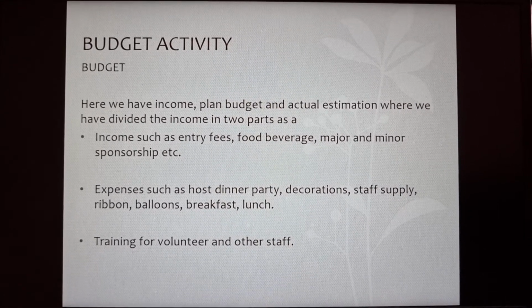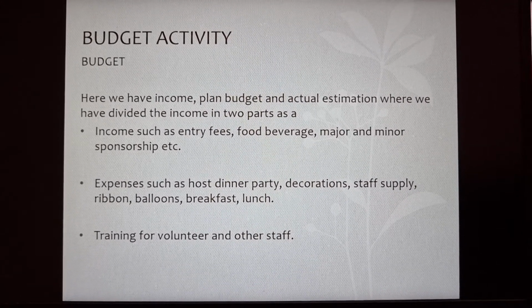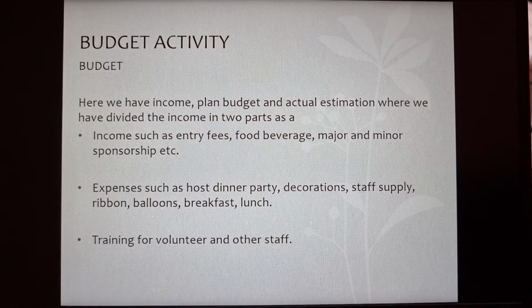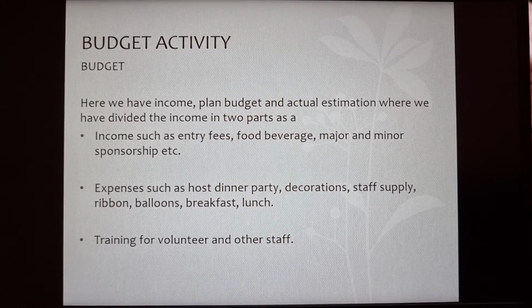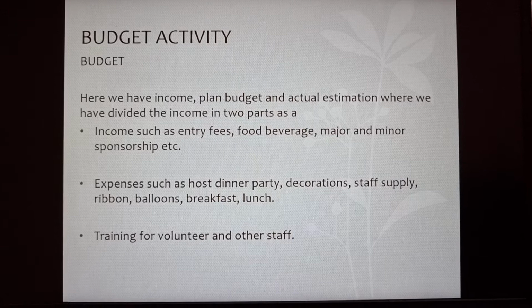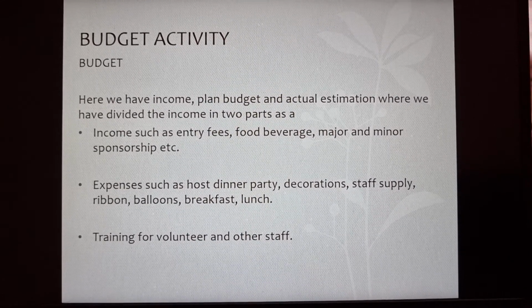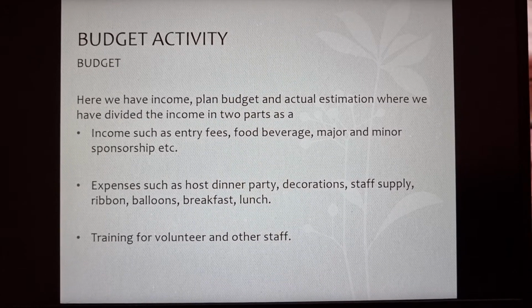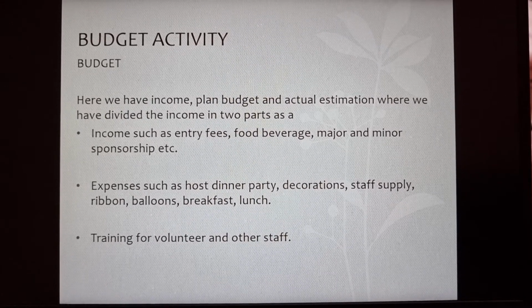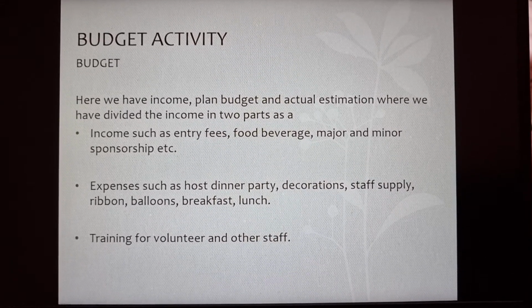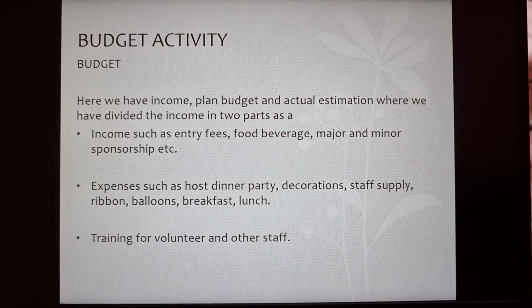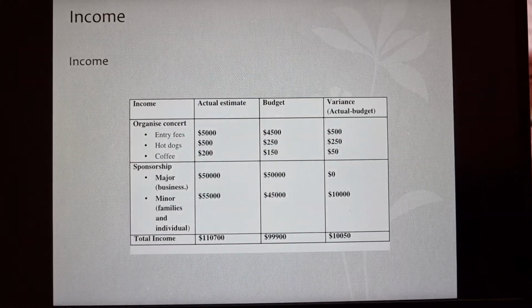The expenses aspect will include the host dinner party, miscellaneous products used during the events like decorations, supplies like ribbons and balloons, breakfast, lunch, as well as training for volunteers and coaching them so that the event can run smoothly.